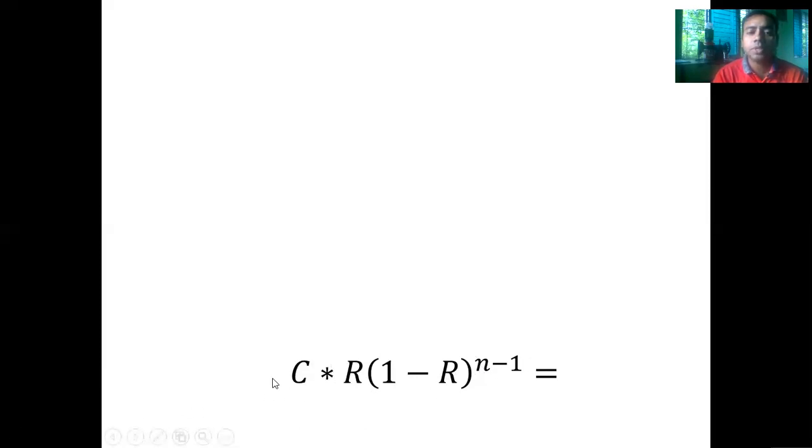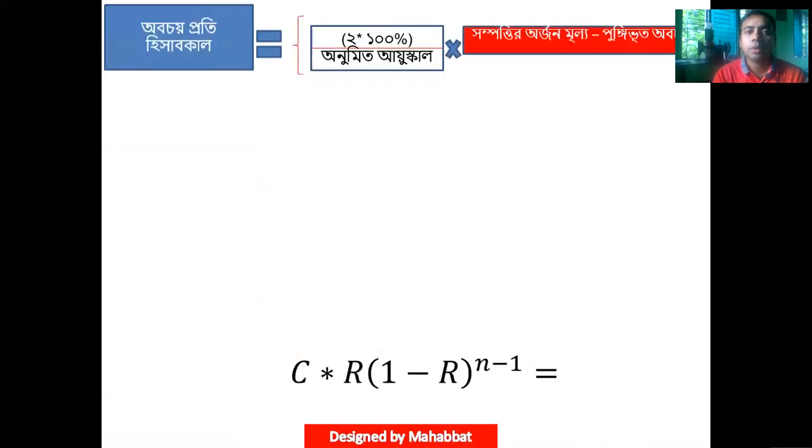Before using this formula, we have to understand why we need to use it. According to the traditional system, the depreciation per year equals 2 into 100% divided by estimated useful service life, into asset acquisition cost minus accumulated depreciation.